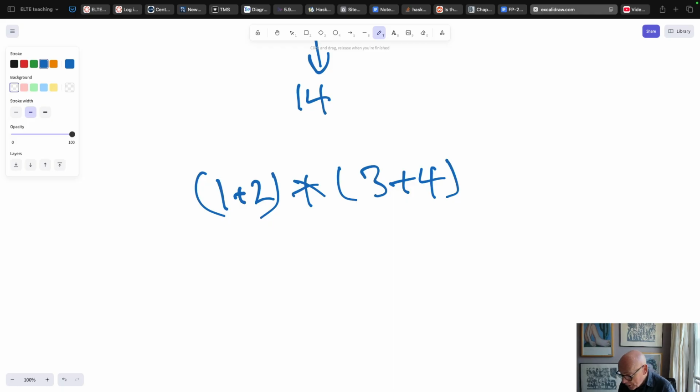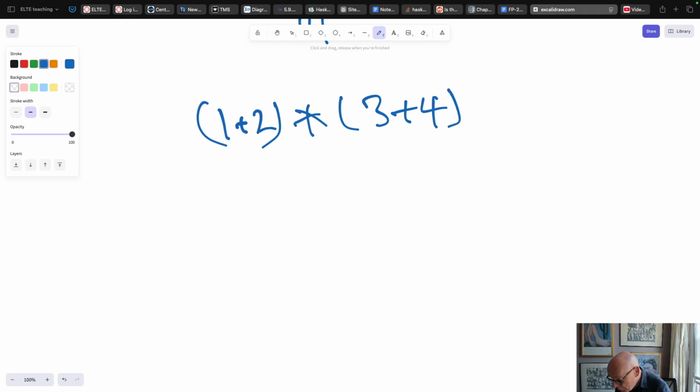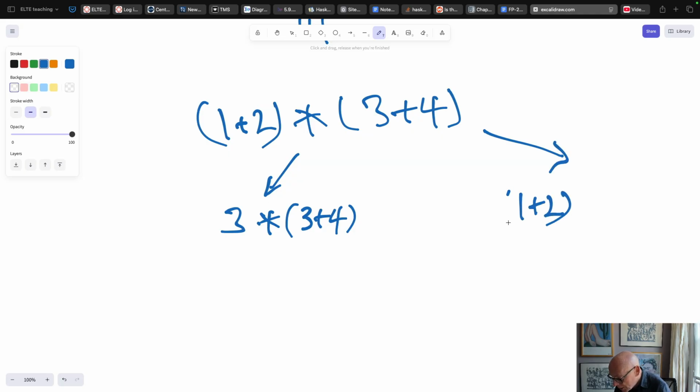We might look at something like 1 plus 2 times 3 plus 4. Now there are different ways we can evaluate this. We could first of all evaluate 1 plus 2 to 3 and say that's 3 times 3 plus 4. Or we might alternatively say 3 plus 4 is 7. And potentially doing these different things would give us different answers.